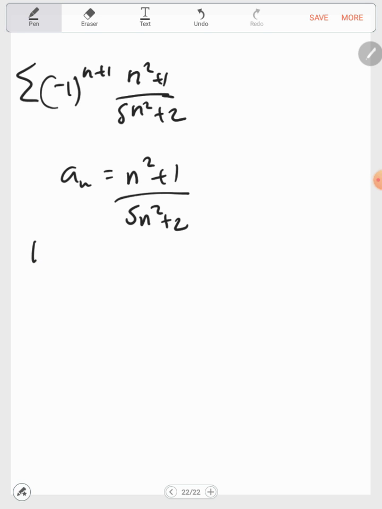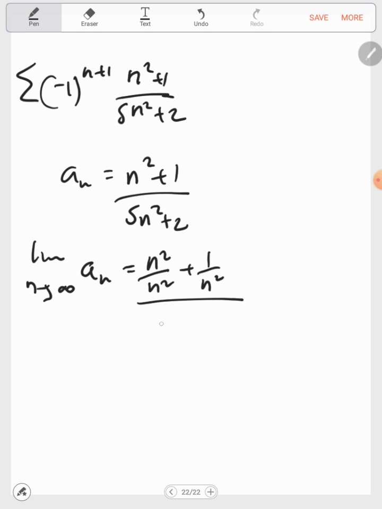So let's find the limit as n goes to infinity of an. Now when we replace there, we see that we have a case of infinity over infinity. So we just divide by the highest power of n. Okay, so this n squared over n squared will cancel.